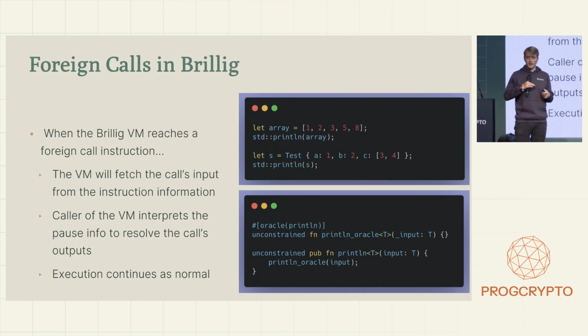So in the case of print line, we don't have any outputs, but it would also resolve the call outputs if there was a more complex foreign call we were doing. And this provided for us a good way to generalize our print functionality without adding anything else to the VM. We were able to just use this kind of syscall and do it. So when you're using Nargo, which is our package manager to execute Noir programs, this is how print line is actually used.